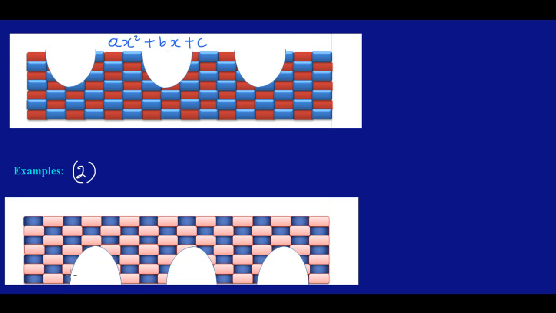So again, when the engineers were designing these arcs, it took some knowledge of the quadratic function. Okay, so in this case, whenever the arcs are upside down, a would have to be negative. So I would have to have a negative ax squared plus bx plus c.